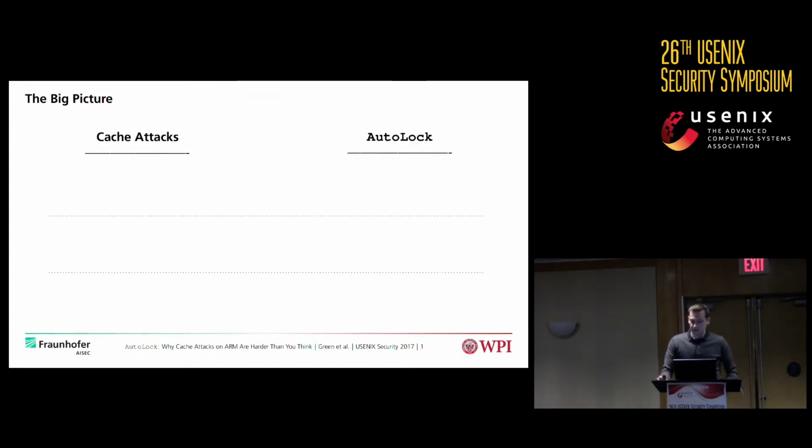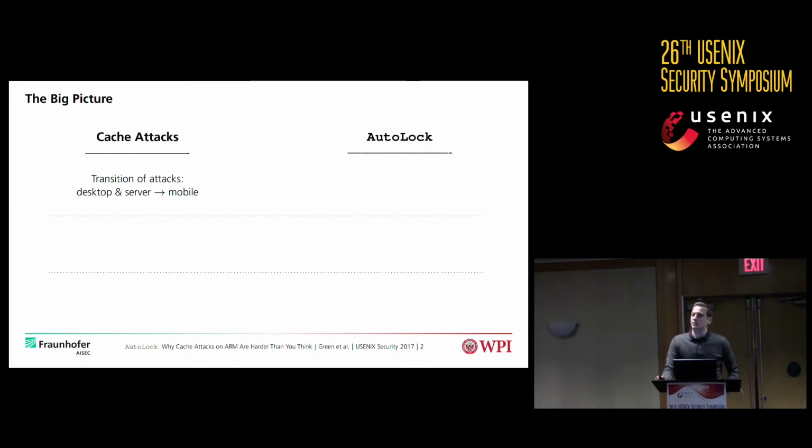So let's take a look at the big picture first. We saw that in the past 1 or 2 years, cache attacks transitioned from x86 processors to mostly ARM-based processors, and we know that these attacks are possible on those new processors.